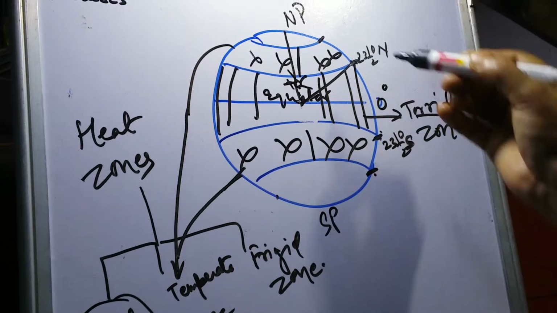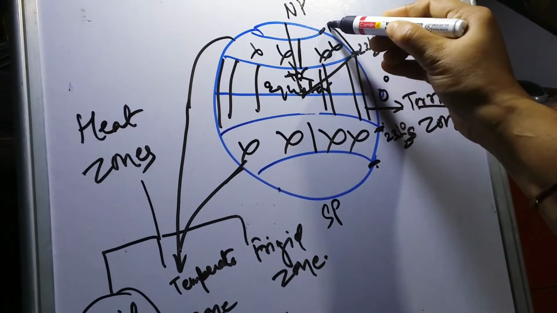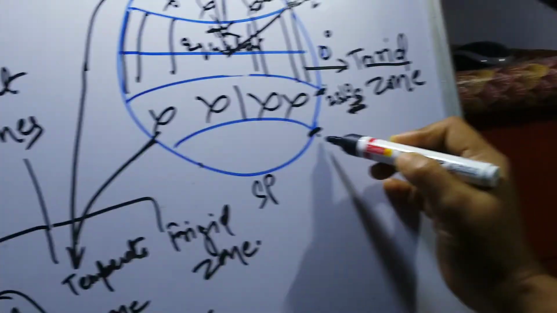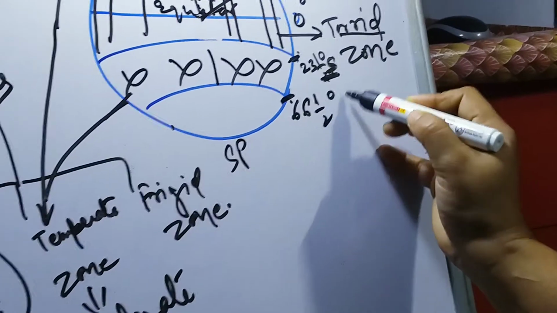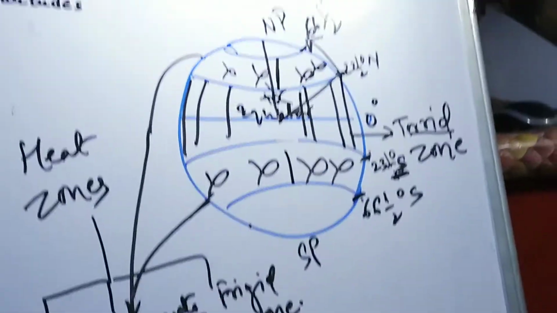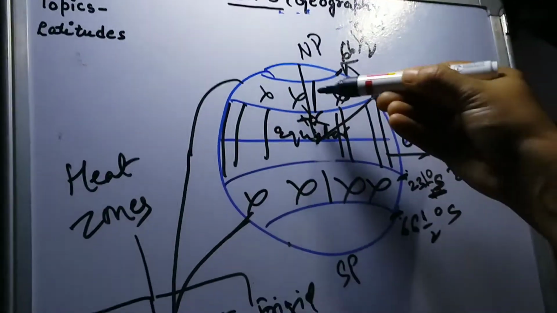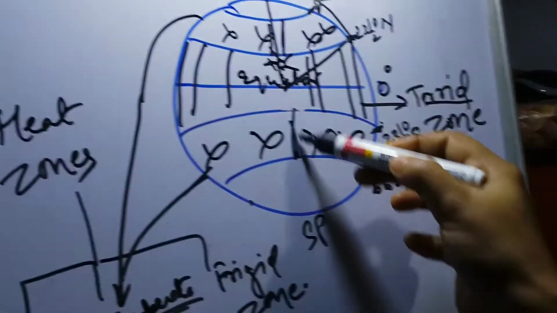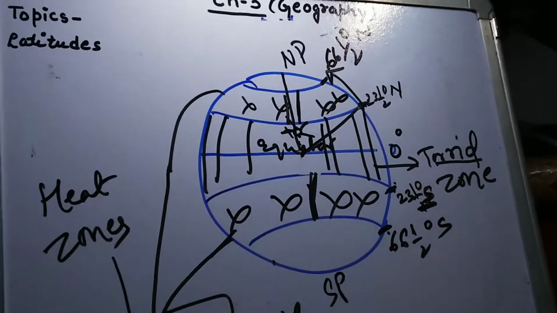So what is the limit? 23.5 degree to 66.5 degree north, and this is 23.5 degree to 66.5 degree south. Here lies the temperate zone. That's why we call this the north temperate zone and this the south temperate zone.